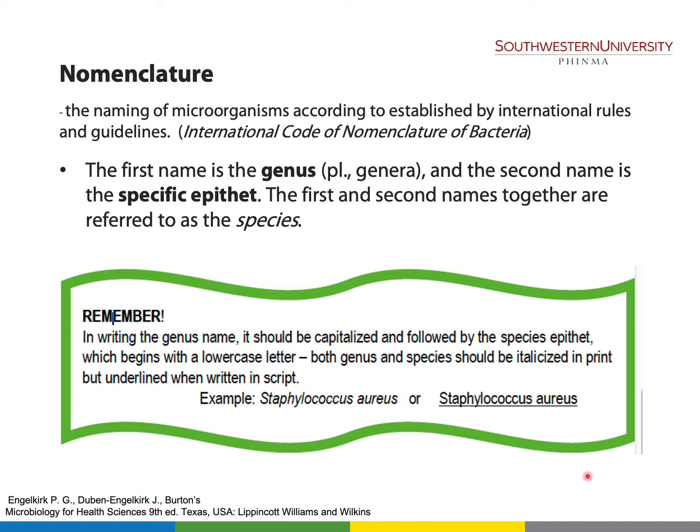Both genus and species should be italicized in print but underlined when written in script. But when bacteria are referred to as a group, like bacilli, staphylococci, salmonella, their names are neither capitalized nor underlined.